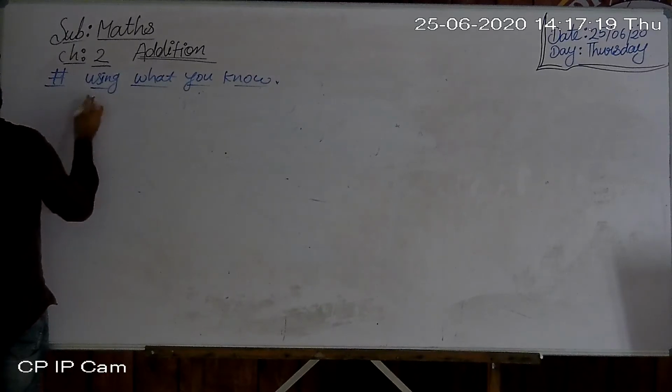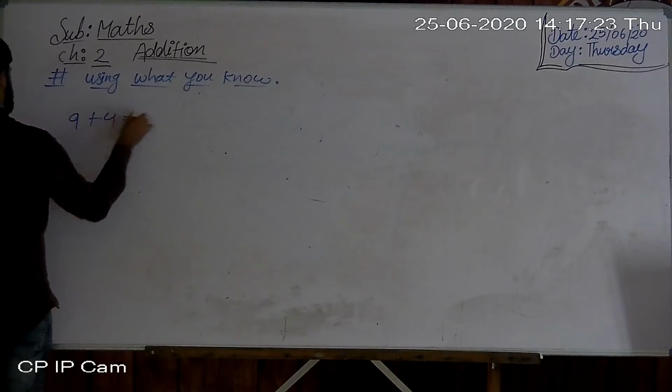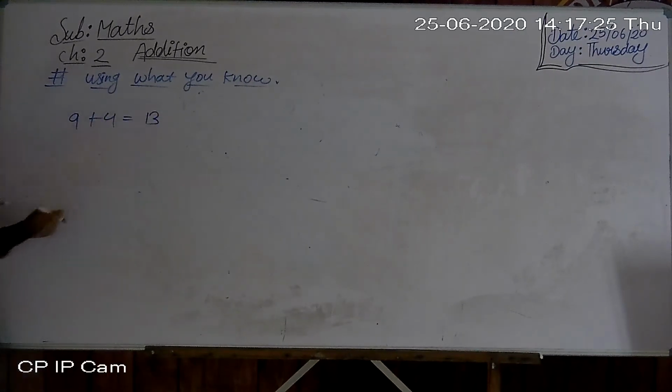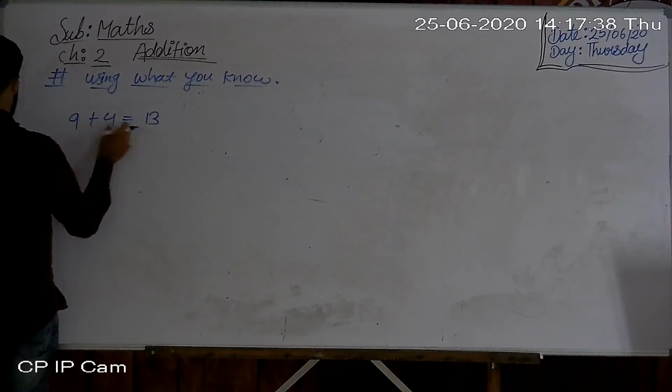Okay. So 9 plus 4 is 13. 9 plus 4. So how many? 9 plus 10, 11, 12 and 13. So 9 plus 4, 13. Okay.